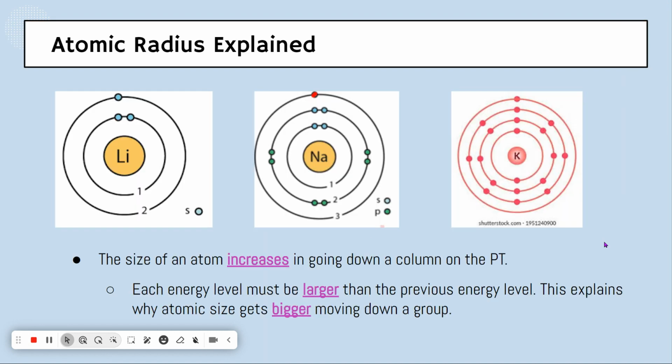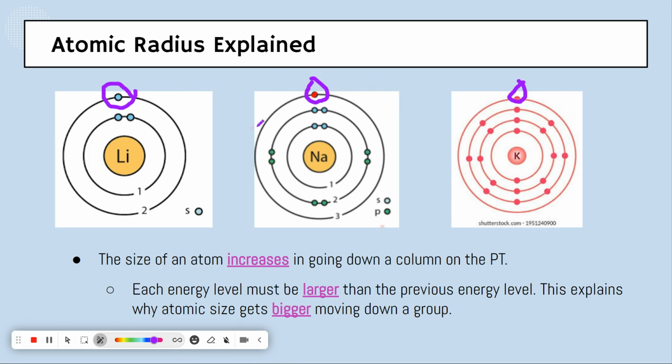So the first trend we're going to talk about is the trend of going down a group. What we see here are the elements in the first group on the periodic table: lithium, sodium, potassium. Now, we know that elements in the same group have the same number of valence electrons.